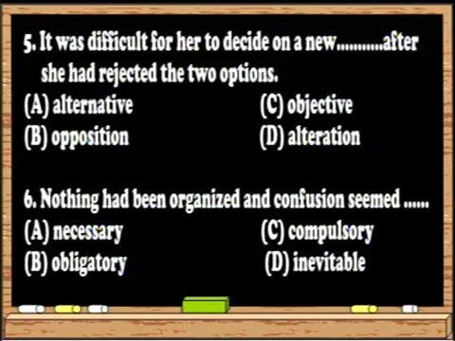It was difficult for her to decide on a new dash after she had rejected the two options: alternative, opposition, objective, alteration. Nothing has been organized and confusion seemed necessary, obligatory, compulsory, or inevitable.